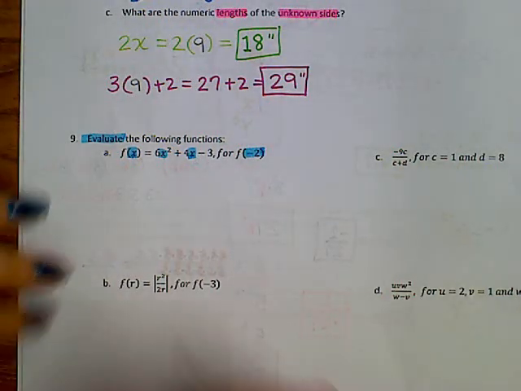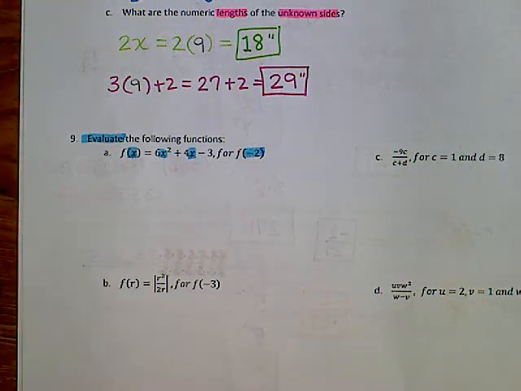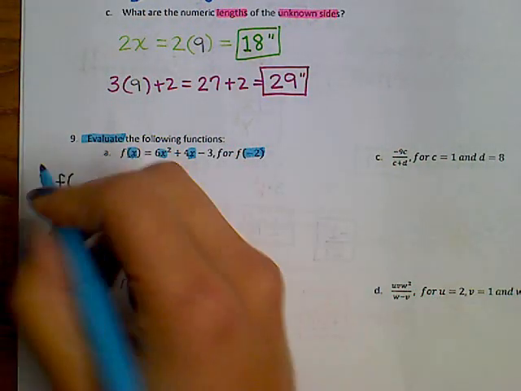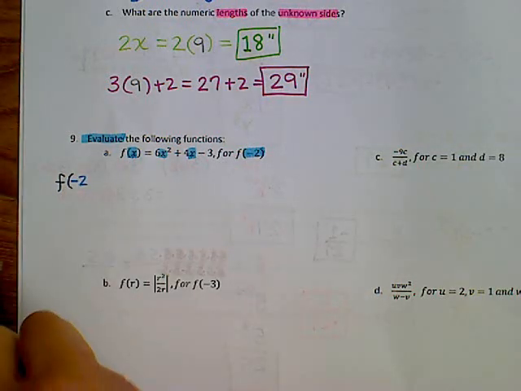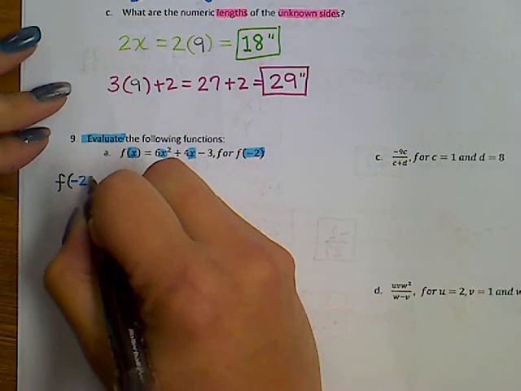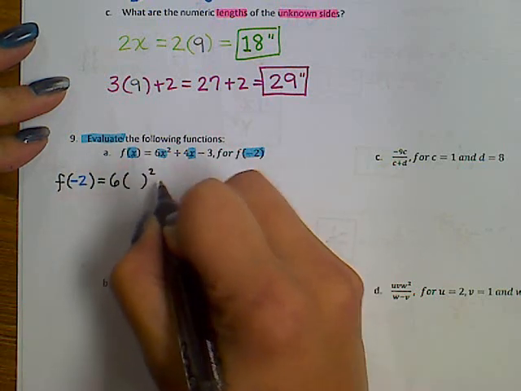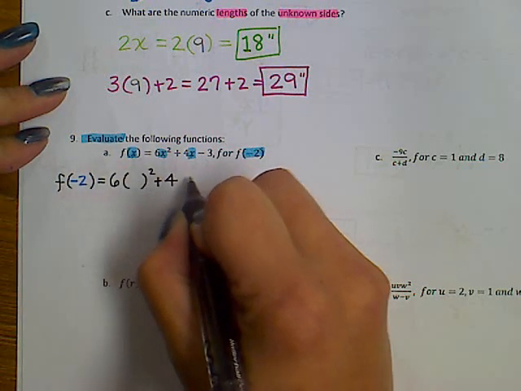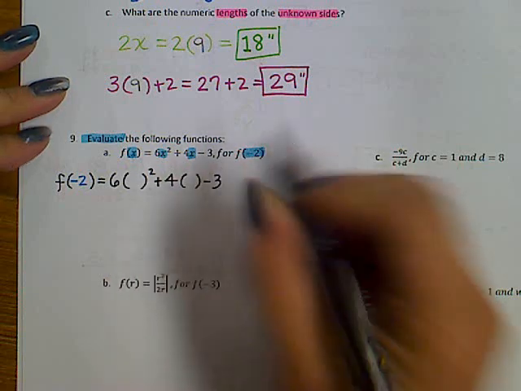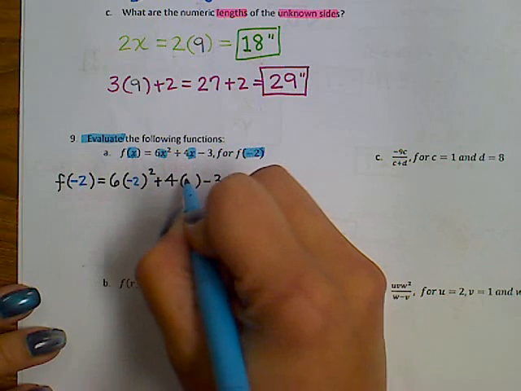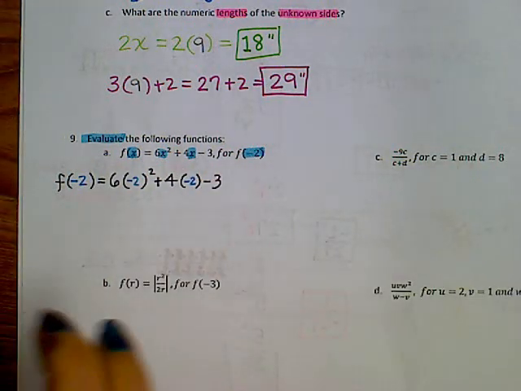So let's go ahead and rewrite this. Use multiple colors here. There we go. So, f of negative 2 is equal to 6 parentheses squared plus 4 parentheses minus 3. I'm just trying to make my life easier here. And I'm going to substitute negative 2 where all of these x's were.